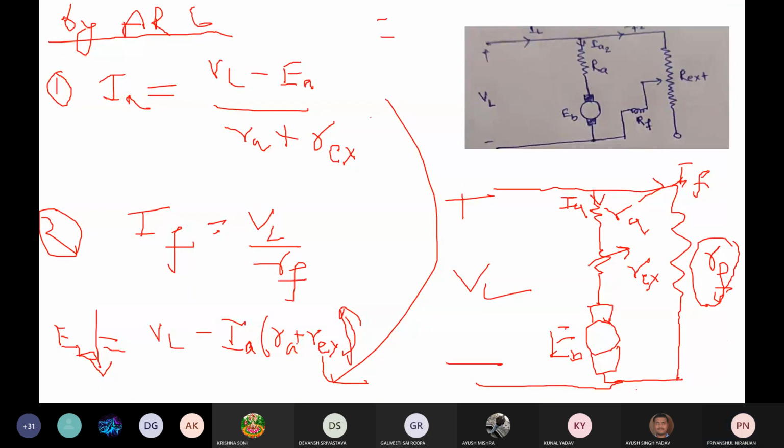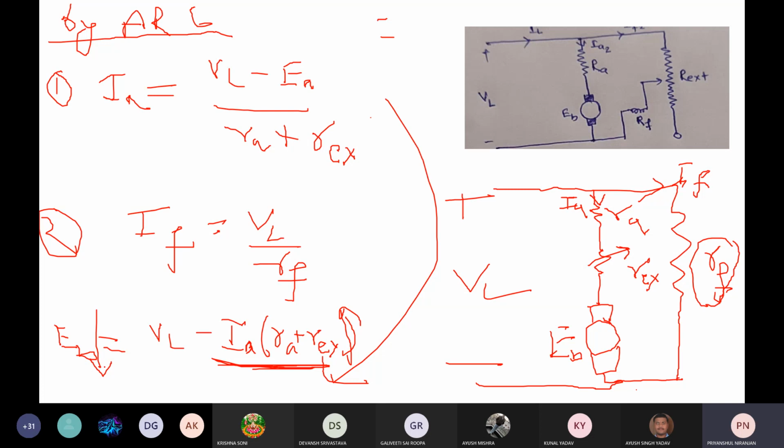So you can see here, this voltage drop always increases when we compare with the original circuit, because in original circuit the drop is only IA into RA, but here the drop is IA into RA plus R external. So voltage drop is higher now, so EB always decreases in comparison to the original circuit.